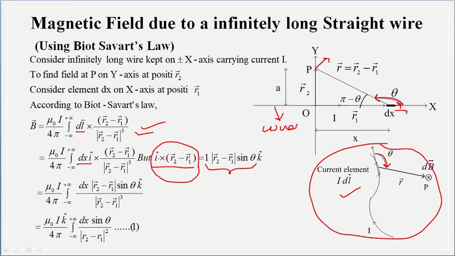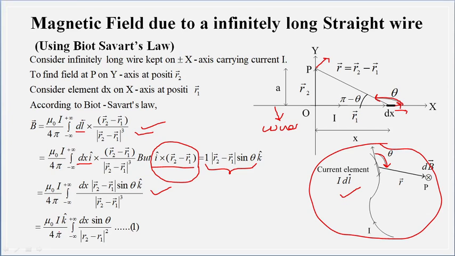Okay, now we substitute here. When you substitute, dx, i cap cross vector r2 minus vector r1 is 1 into modulus r2 minus r1 sin theta k cap, divided by modulus of vector r2 minus vector r1 cubed. Then this k cap has nothing to do with the integral, so you take it out.